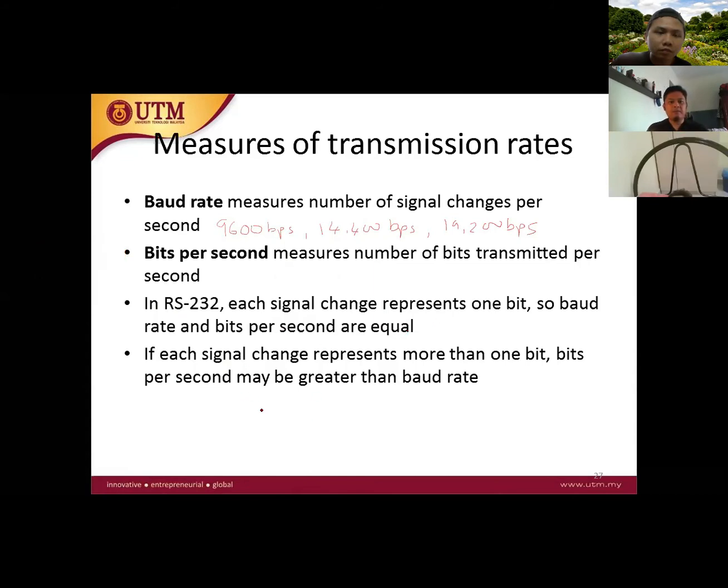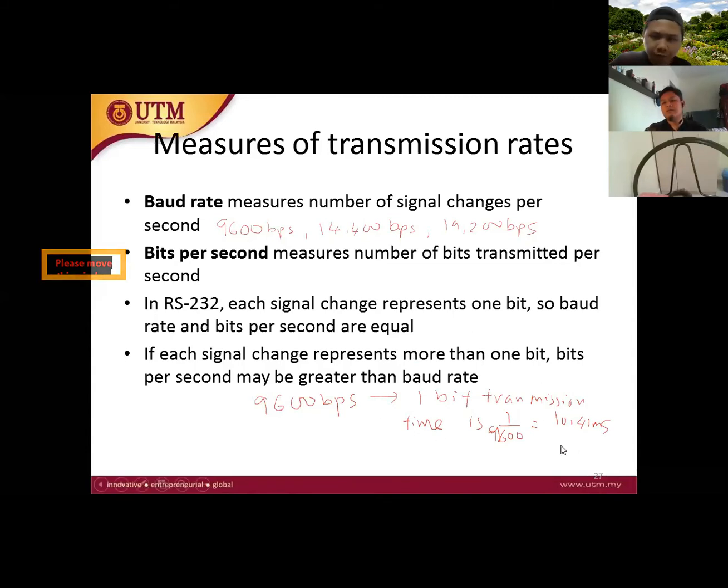Meaning that, let's say for 9,600 bits per second, one bit transmission time is 1/9600 second, which equals 104.1 microseconds. That's the time in seconds for one bit transmission.